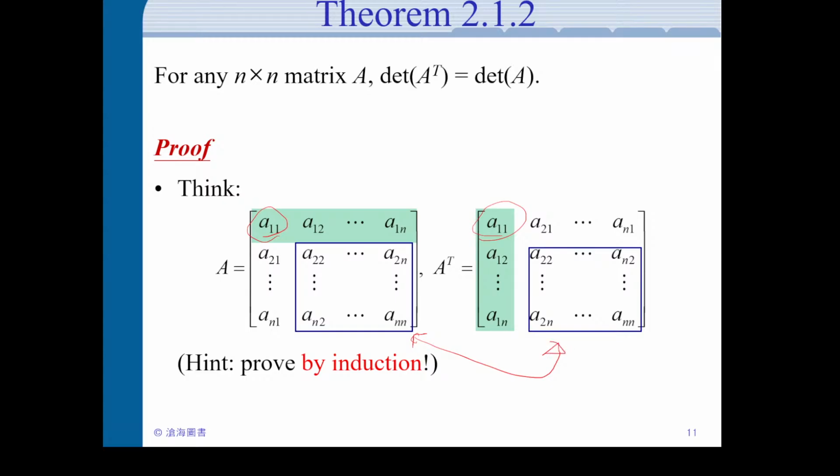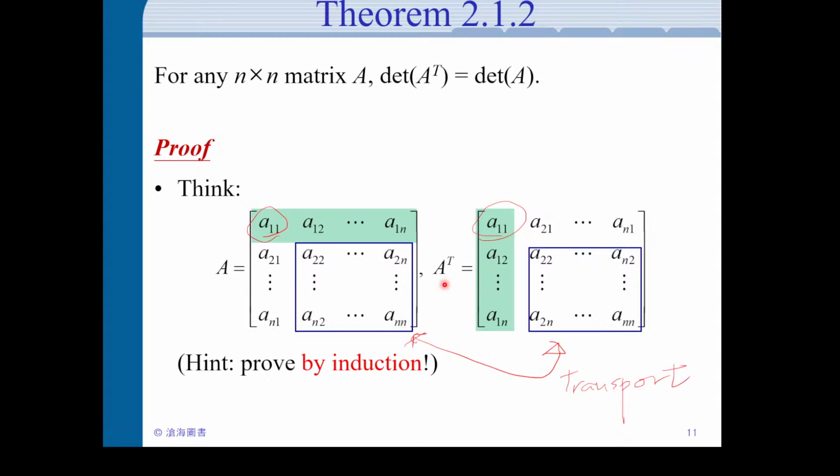So here we have proof by induction because the determinant is defined inductively. We need the determinants of those two smaller matrices to be the same. So the determinant of this transpose equals the determinant of this transpose. Then the determinant of big A will equal the determinant of A transpose.